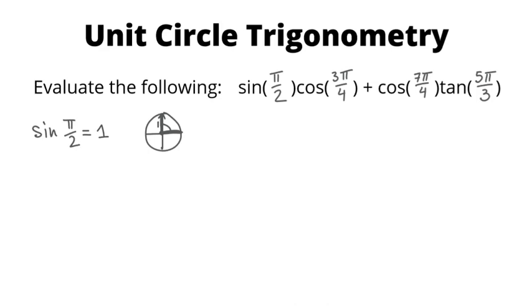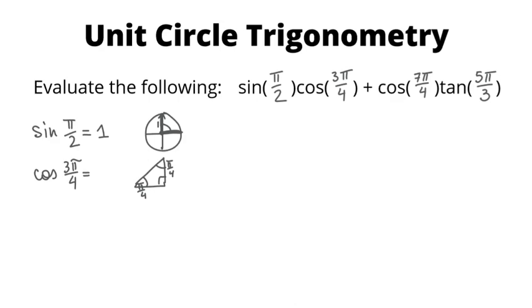Next, cosine of 3 pi over 4. We can see that the angle 3 pi over 4 is based on one of the special angles, pi over 4. I'm going to use the special angle triangle, pi over 4, pi over 4, pi over 2.